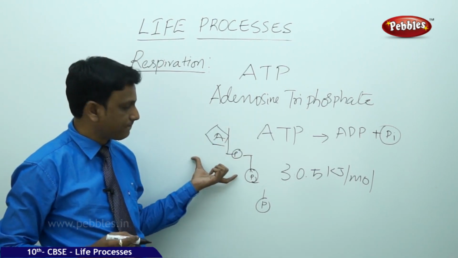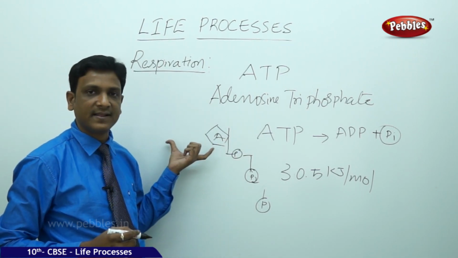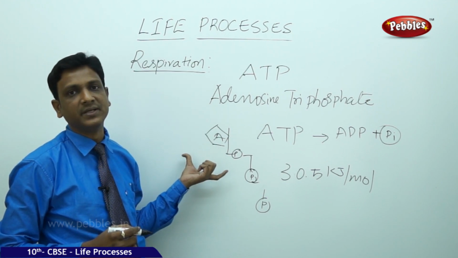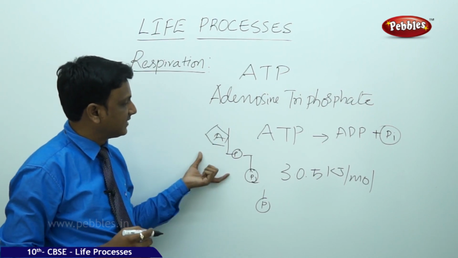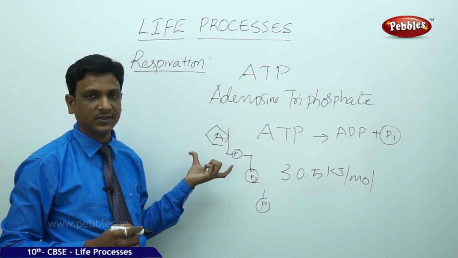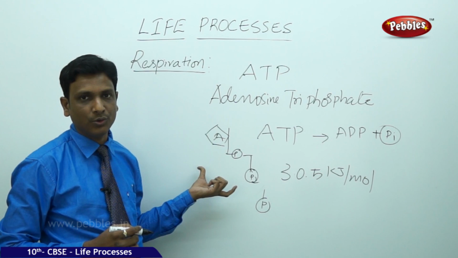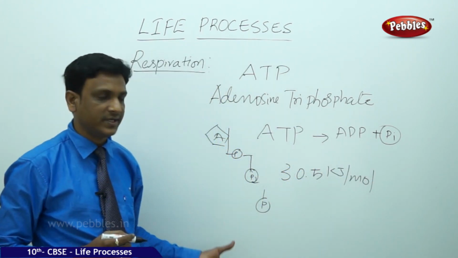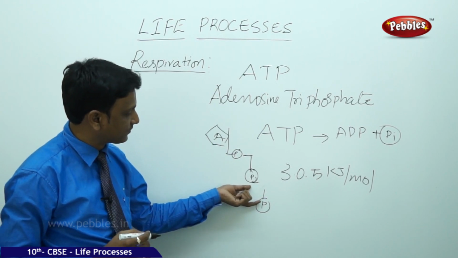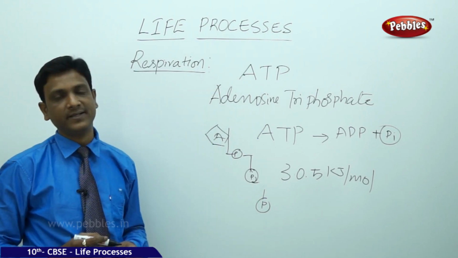This ADP again gets another phosphate bond and becomes ATP. This takes place during cellular respiration. Again, these ADP are converted to ATP. So ATP is an energy packed molecule. Once the energy is taken out, it becomes adenosine diphosphate. The energy is stored in that last terminal phosphate, the third phosphate of this ATP.